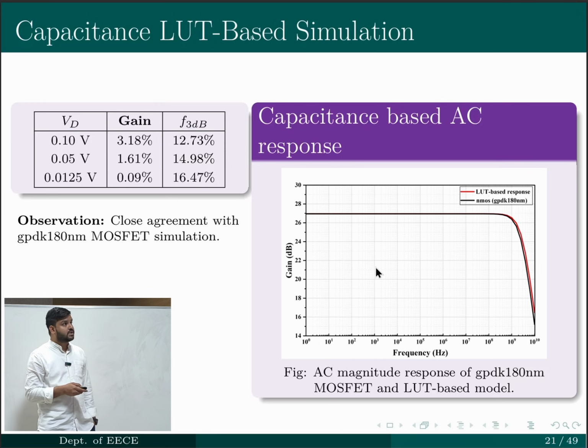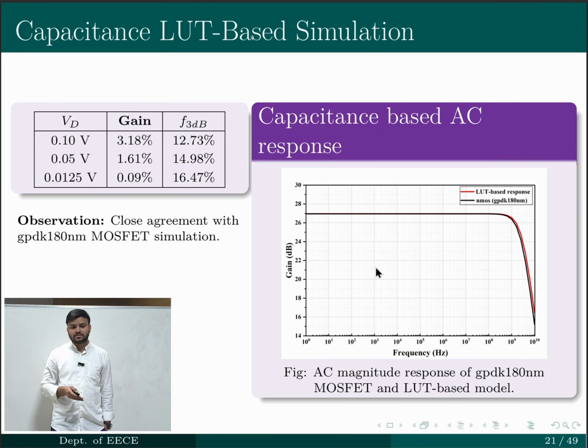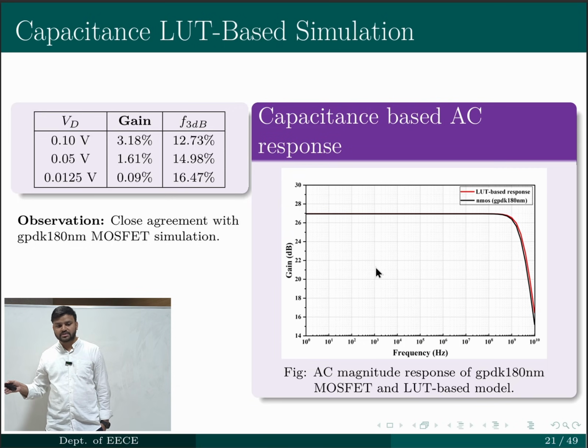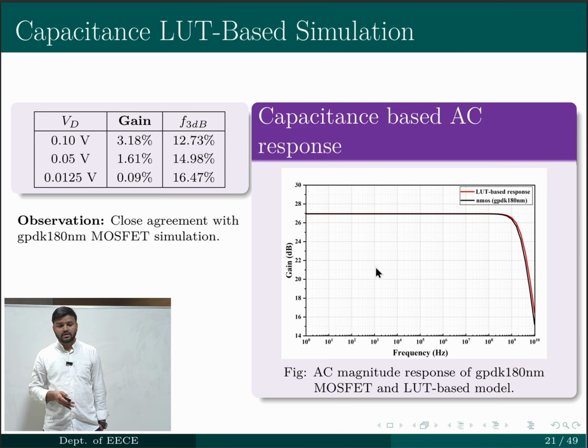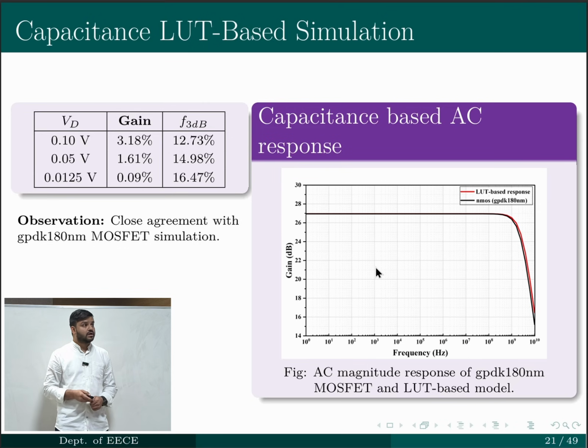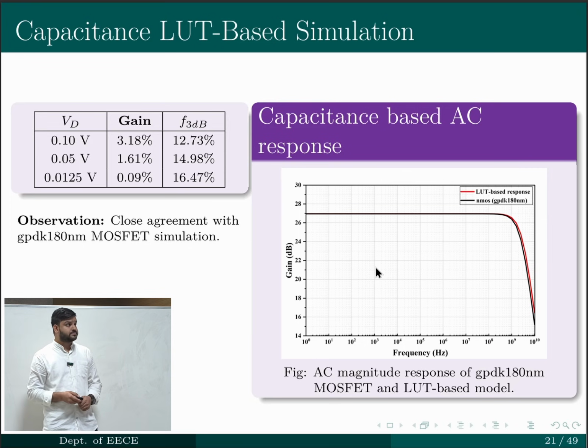the result with the capacitance based LUT is shown here. First, taken for different step sizes of VD, the first is 0.1 volt, and in this case the gain error is nearly 3%, but the bandwidth error is nearly 13%.